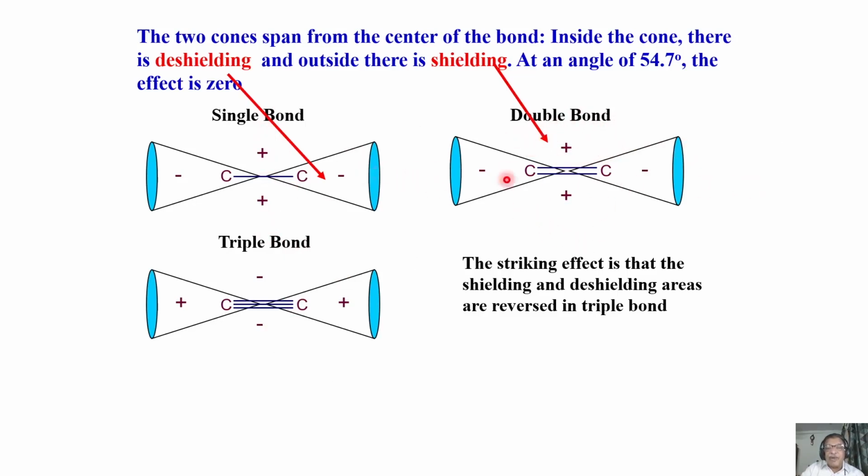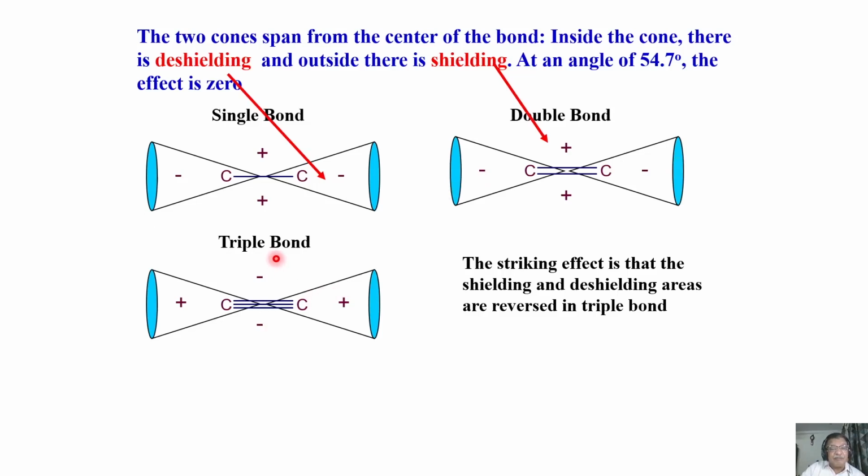Just in the plane, or in the axis of the CC double bond or CC single bond, the charge density is such that it gets deshielded. Please remember, when I am talking about single bond, double bond and triple bond, in a single bond and double bond, protons situated just above and below the bond get shielded, but in the axis of the bond, they get deshielded.